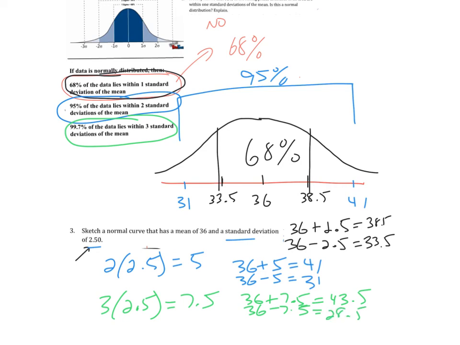So here we know that 99.7% of the data is going to lie between 28.5 and 43.5. That's going to represent 99.7% of the data. So if you can recognize a data set as being normally distributed, these percentages we know are true based on the data. People's heights, people's weights. These are examples of normally distributed data.